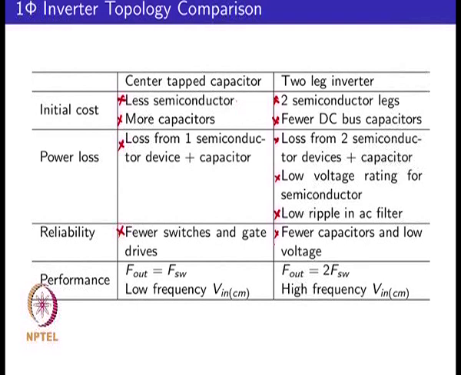Depending on which is the item of concern, you have different reliability implications for these two topologies. Also other performance factors: we saw that in one case you have bipolar PWM, in one case you have unipolar PWM. Also the switching frequency is effectively doubled in modulation method 1.